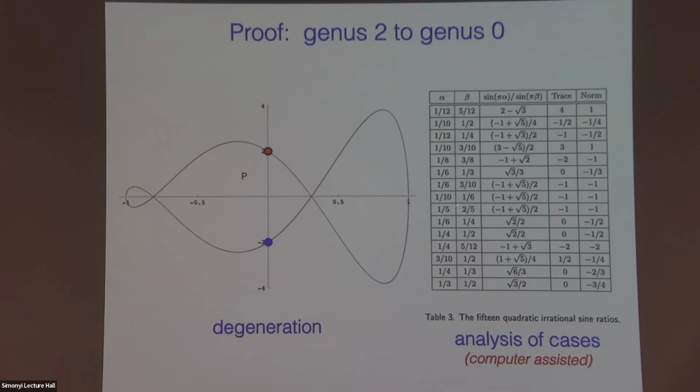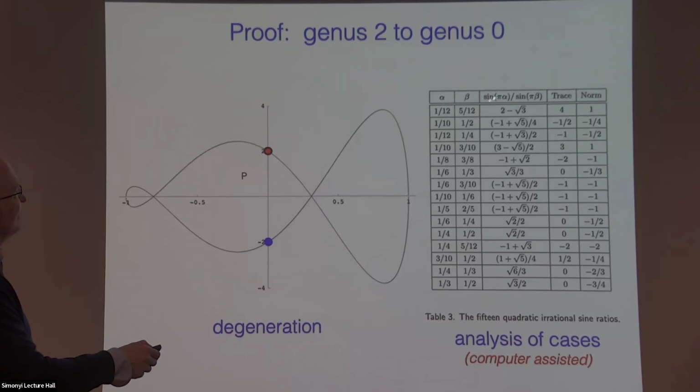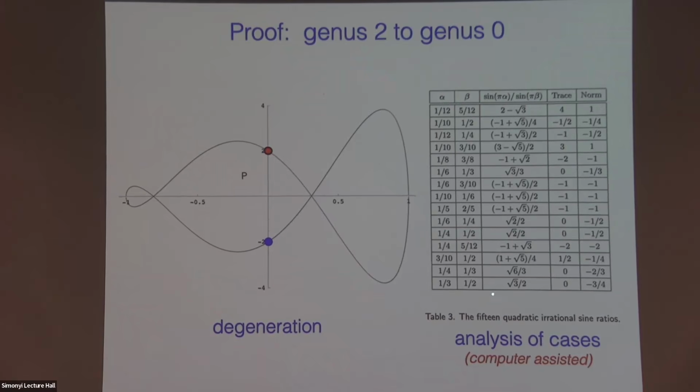So in brief, you can ask yourself, for what rational numbers, like a 12th and 5/12ths, is the ratio sine pi alpha over sine pi beta a quadratic number? And in fact, there are only 15 examples. They're all listed here. We can analyze them each by computer, and you see that only the decagon survives to actually give you a billiard table. Okay, so that's the end of this application of Abel's theorem.